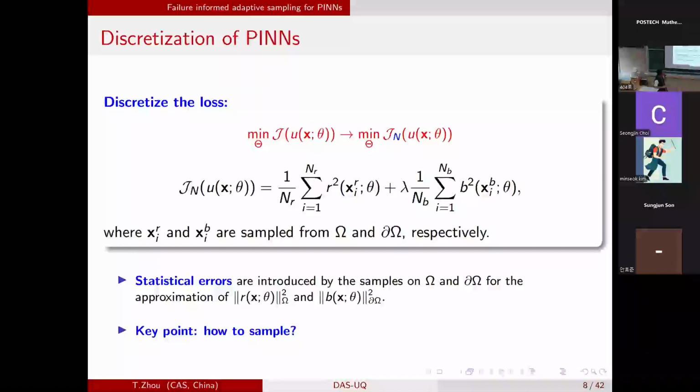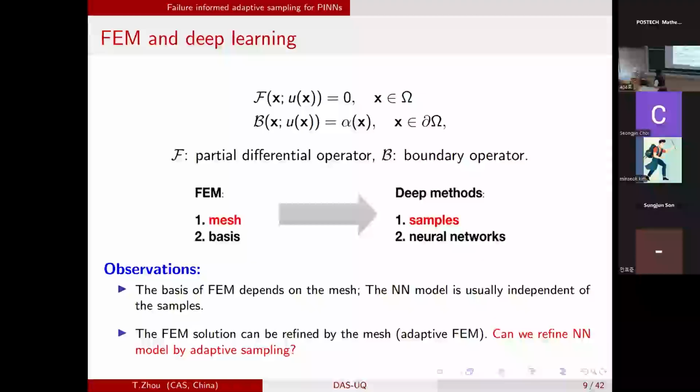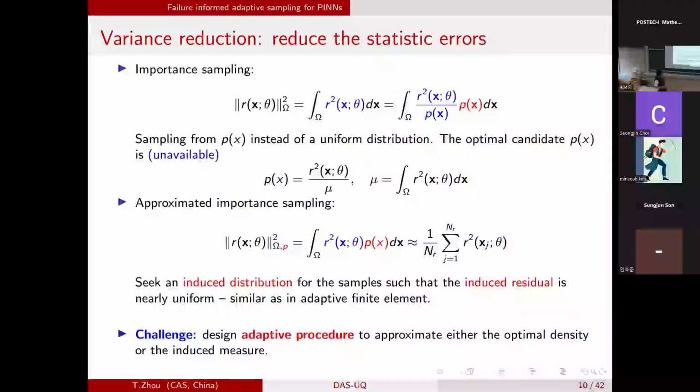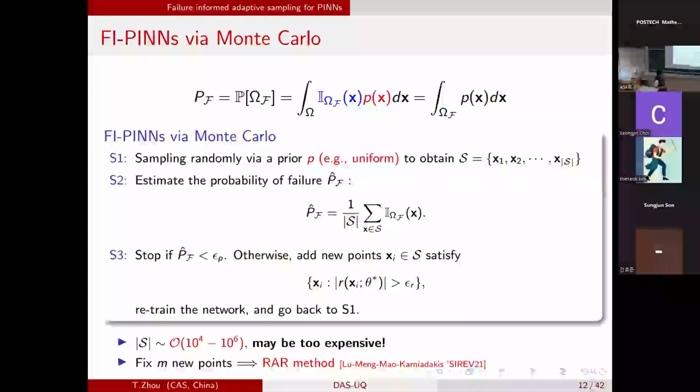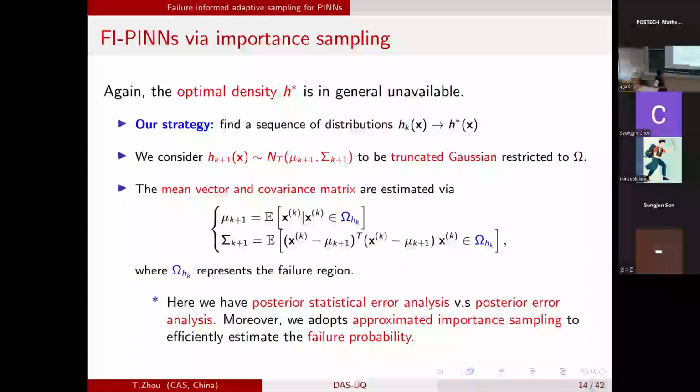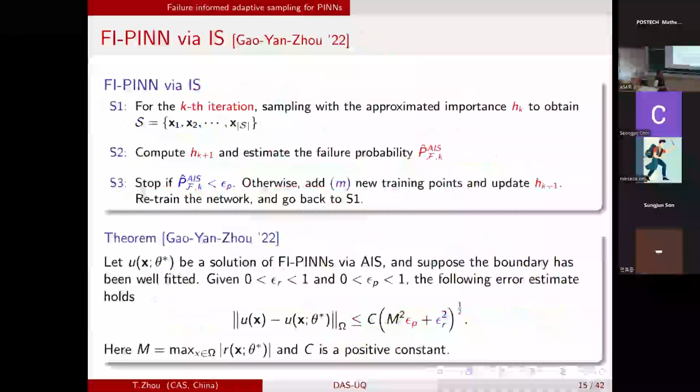Next page. Next. This one, this theorem. Okay. This formula guarantees the convergence of the neural network.